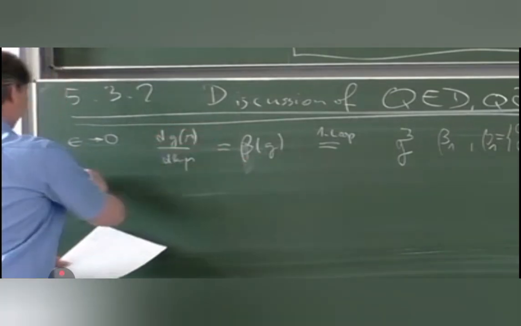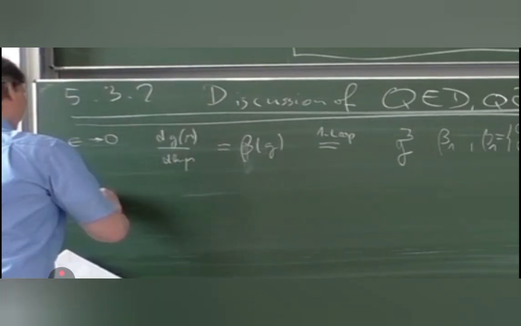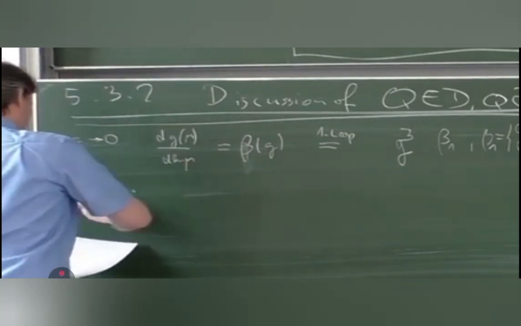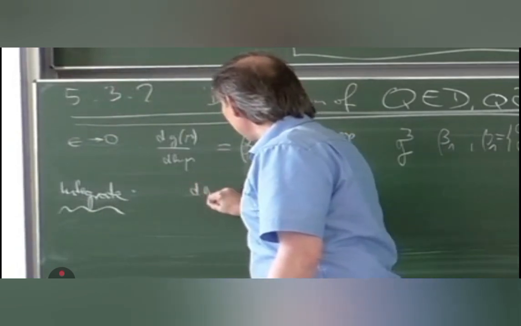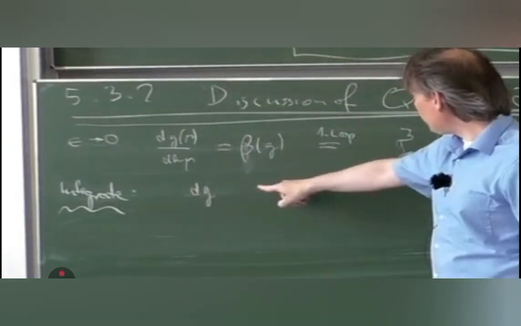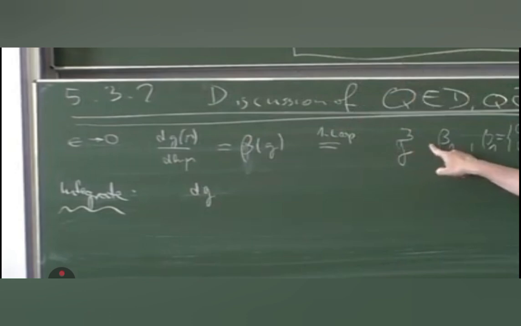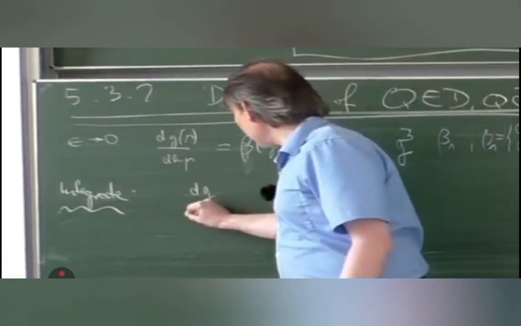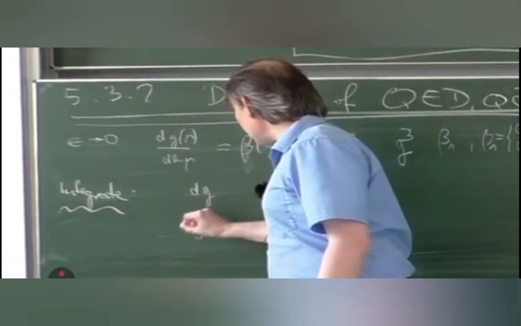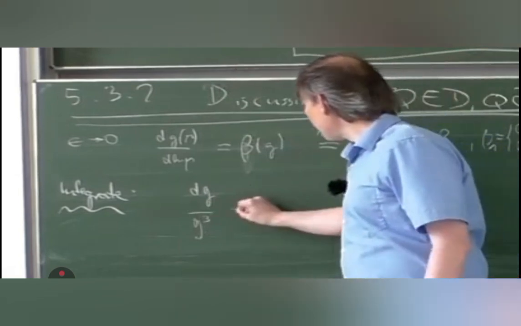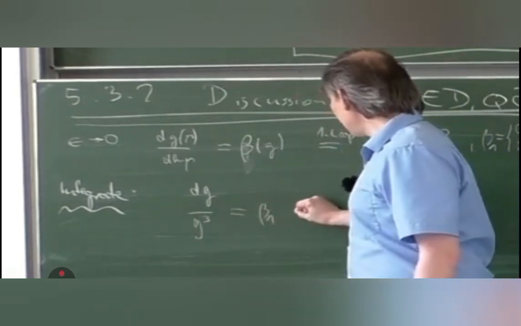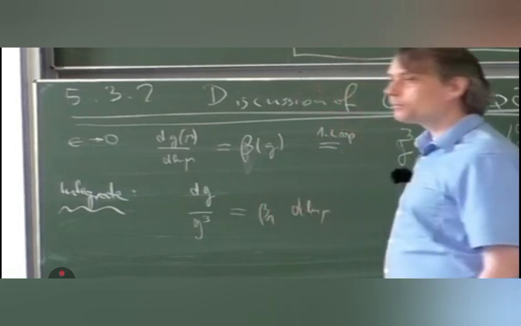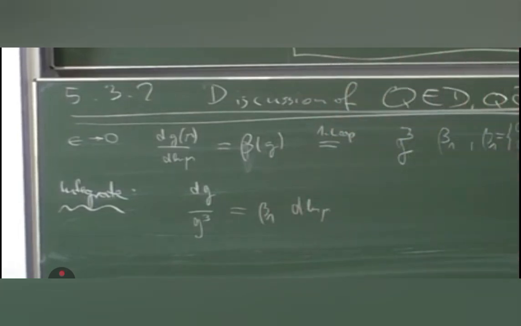So how can we do it? We have a differential equation of the form dg over dln mu is g cubed times a constant. So let's bring it to one side and write dg divided by g cubed is given by beta 1 times dln mu. Okay.